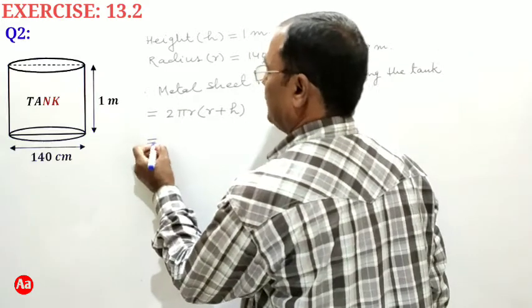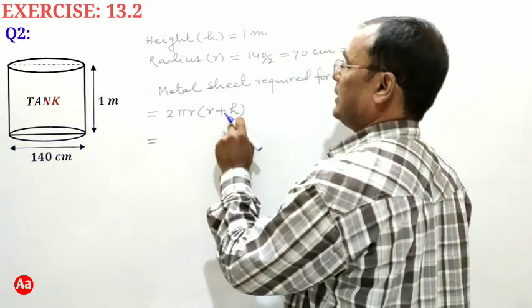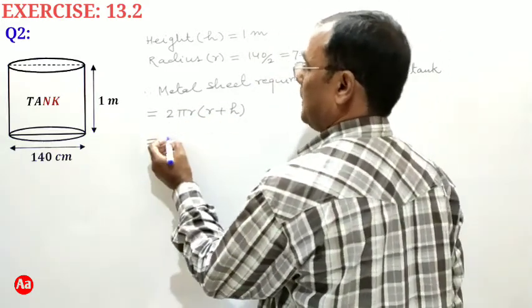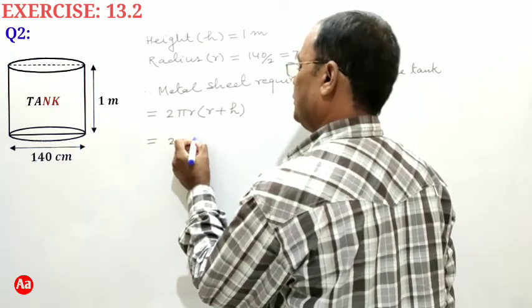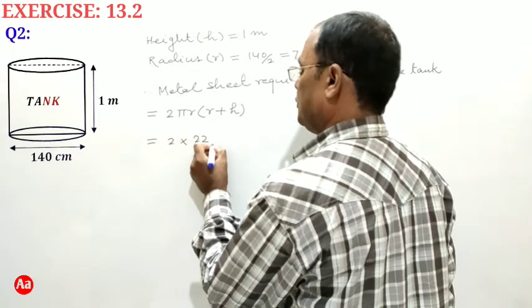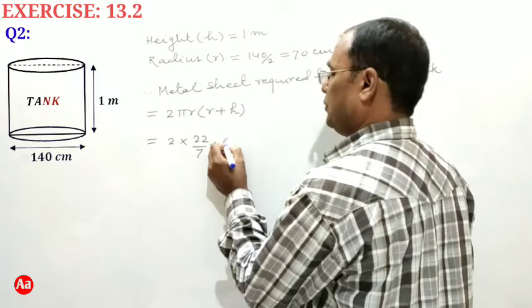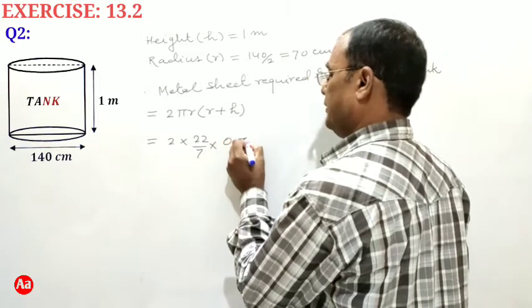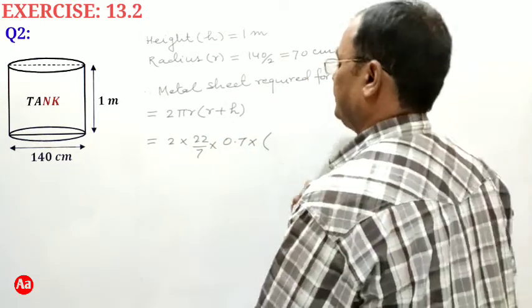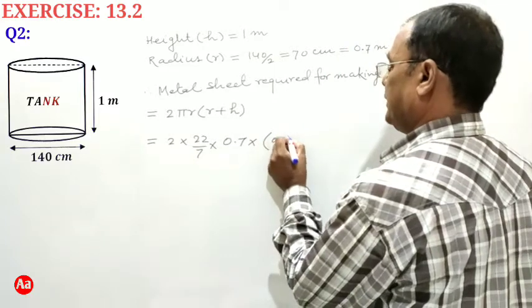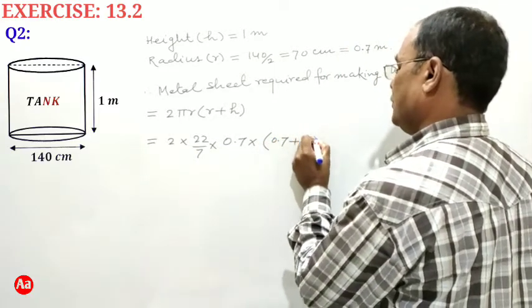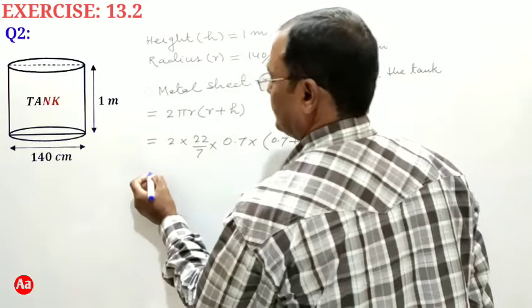Put the values of pi, radius r and height in this formula. So this is equal to 2 into 22 by 7 into radius 0.7 into 0.7 plus height 1 meter.